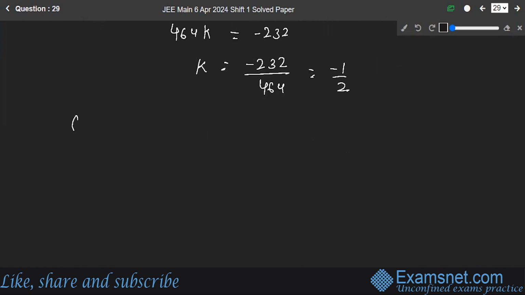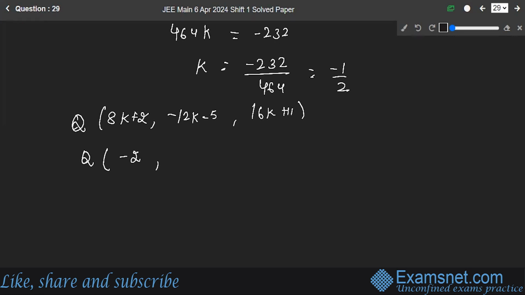Correct? So that means you will get the coordinates of Q. What were the general coordinates of Q given to us? It was 8k plus 2, minus 12k minus 5, 16k plus 11. So the coordinates for Q will be minus 4 plus 2, this is minus 2.